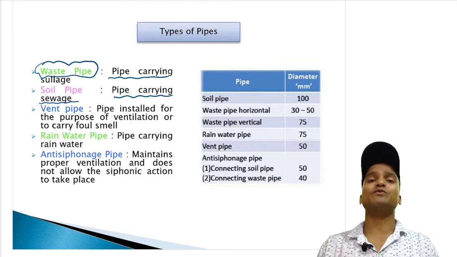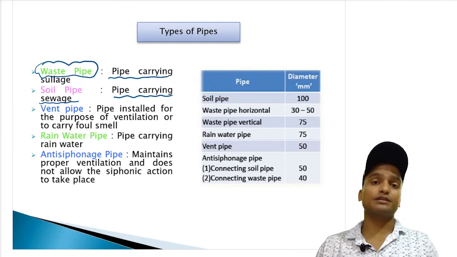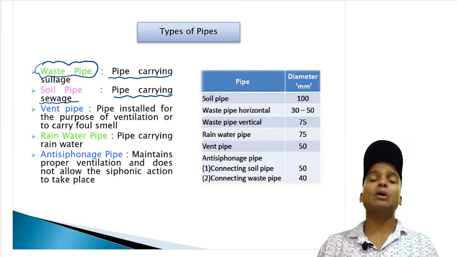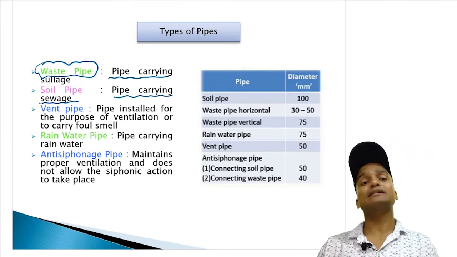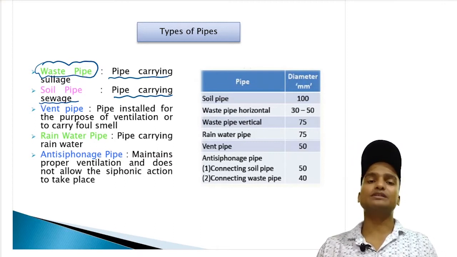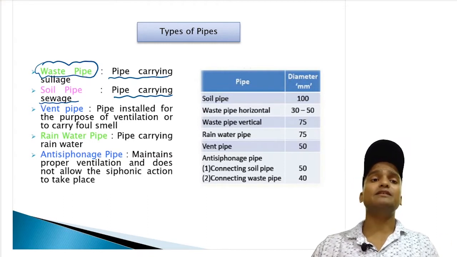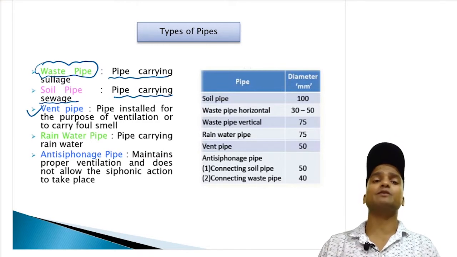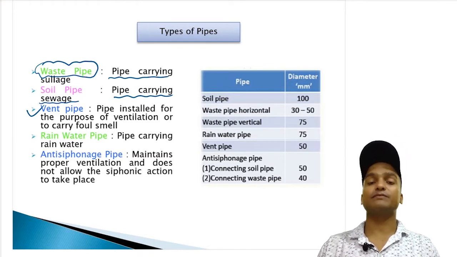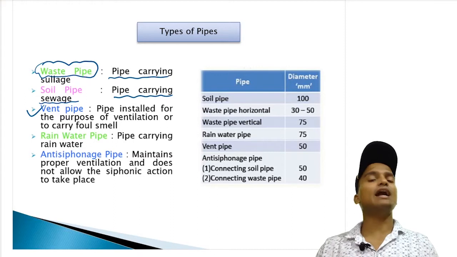But for perfection, if you like to remember, you can remember that the waste pipe carries the black water or the kitchen discharge, whereas the soil pipe carries the sewage or the bathroom discharge or the soil water. Alright. And then comes the vent pipe, which is installed for the purpose of ventilation, which ventilates the foul gases produced inside the sewage system to the atmosphere.